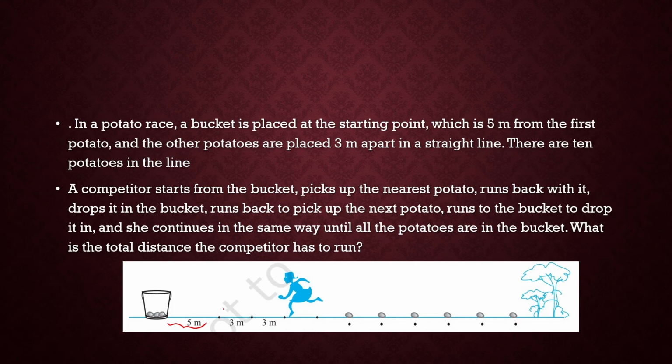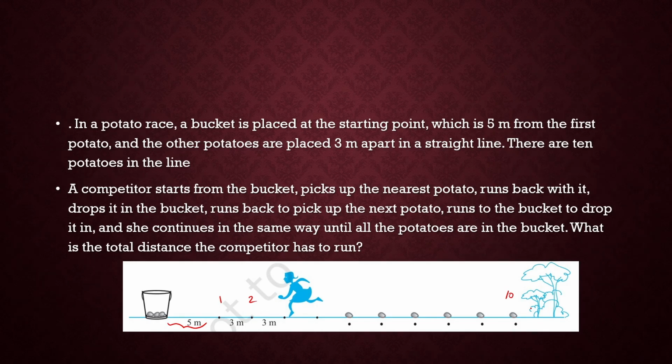This is 5 meters. Next, the other potatoes are placed 3 meters apart in a straight line. There are 10 potatoes in the line. So totally there are 10 potatoes. So this is your first, second, third, and it goes on up to 10 potatoes.